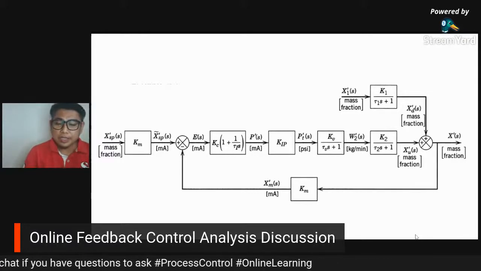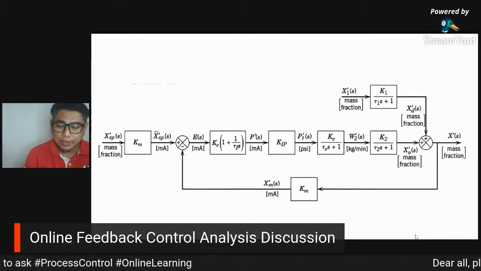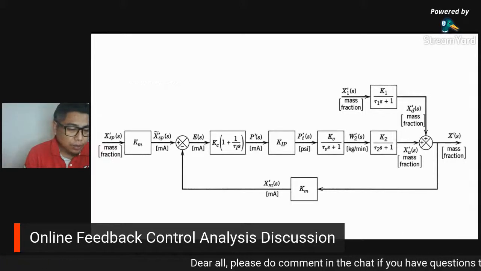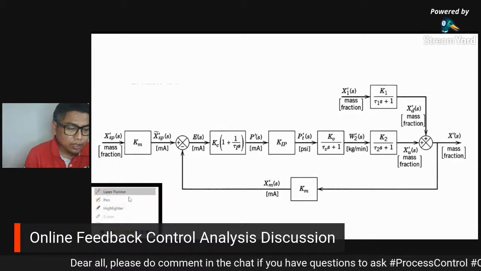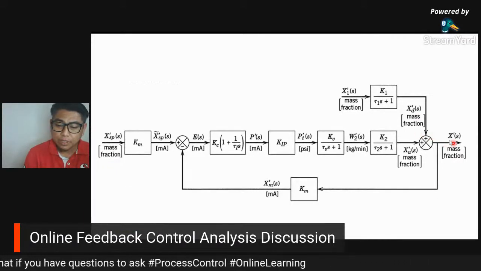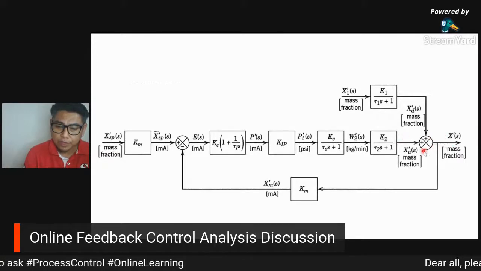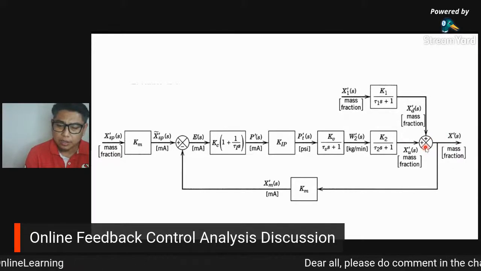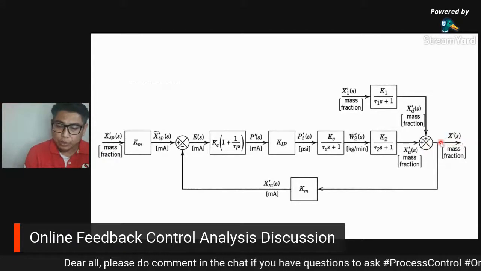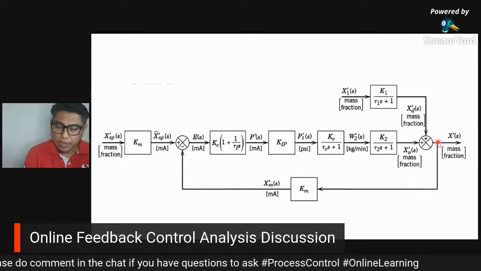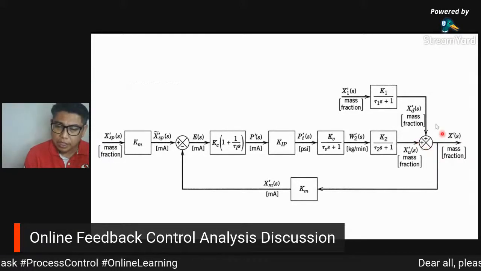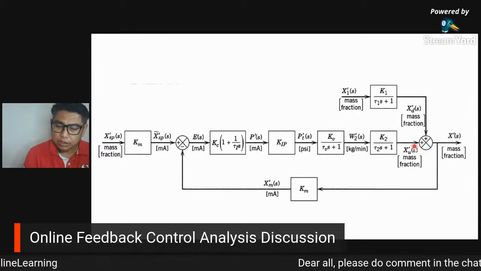And the most important thing is to make sure about the line. Let me put my laser pointer over here. This is very important. This line should not come from this circle here. Make sure it is from the output. You need to draw a line directly from your control variables, not from this additional circle.